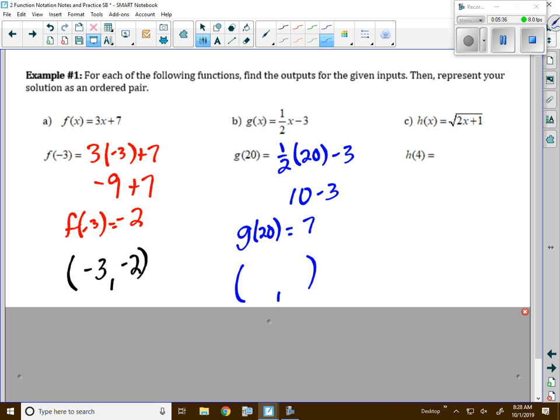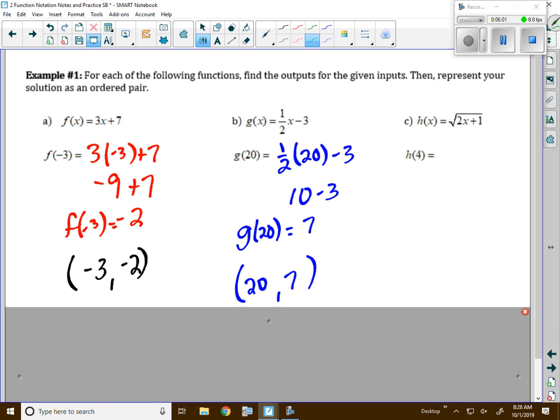I want you to write the coordinate point on your paper. You should have (20, 7). Yes? Is that what you got? Yeah. All right, letter C.